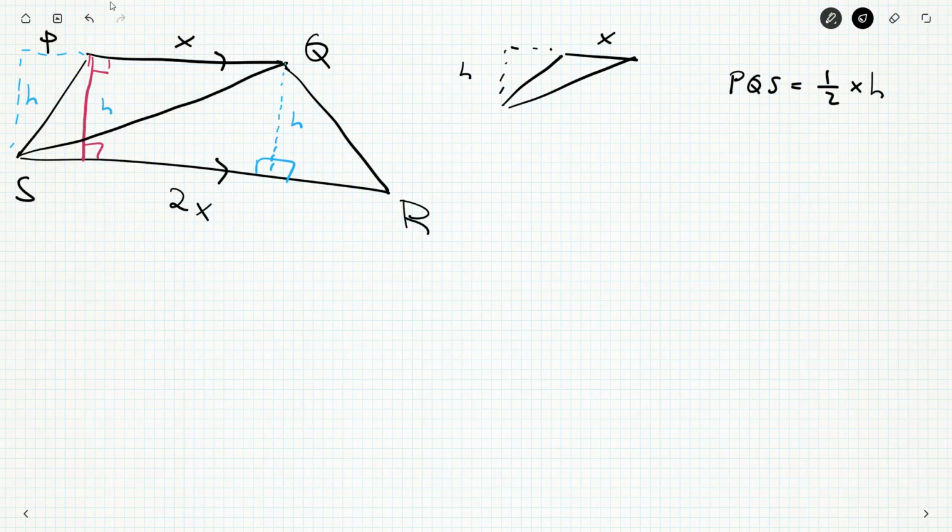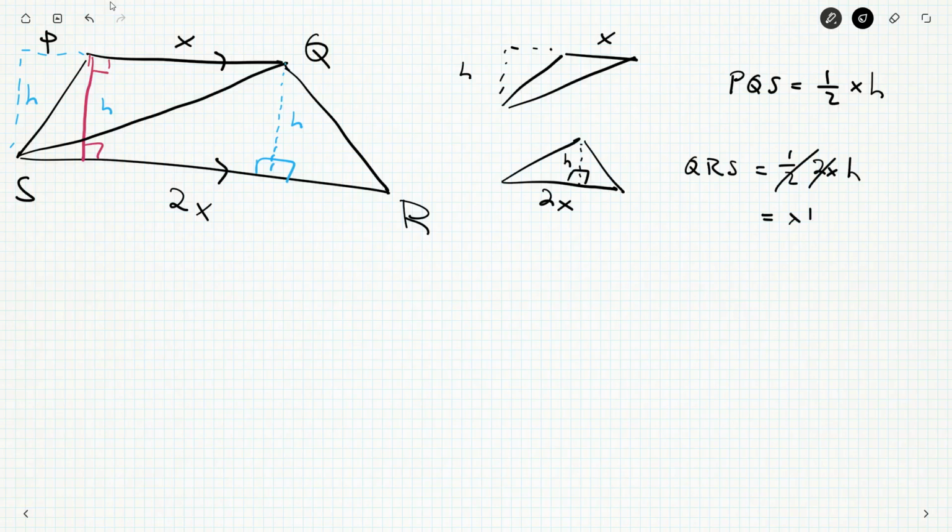Alright, but then QRS has a height of h and a base of 2x. So QRS has an area of 1/2 base times height. Well, the 1/2 and the 2 cancel out, and we're left with xh.